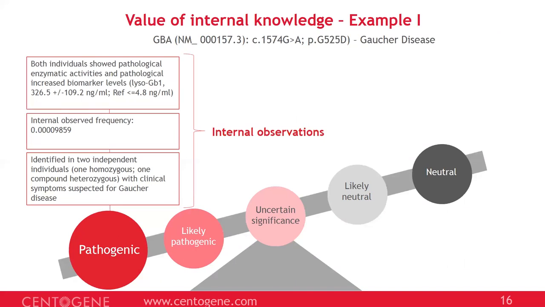And we know as well from our own data that the carriers of a GBA pathogenic mutation, no matter if they are just one or they are in cis, so 2 GBA mutations but in cis, the biomarker levels will stay within the normal range. So based on these 2 observations, we have reclassified as pathogenic.